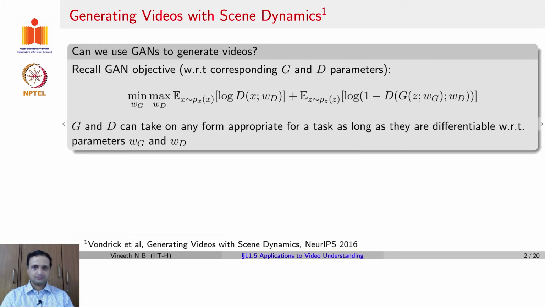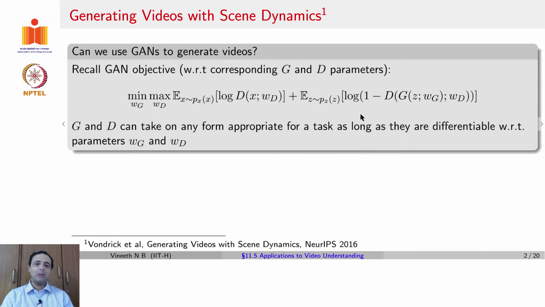More generally speaking, if you looked at the GAN objective, your min-max objective, where your discriminator D is parameterized by weights WD and your generator is parameterized by weights WG, G and D can take any form appropriate for a task as long as they are differentiable with respect to the parameters under consideration, and this min-max objective can be solved using this objective function.